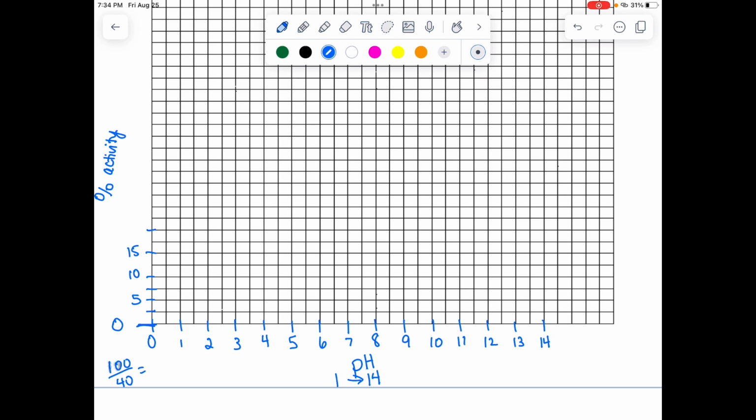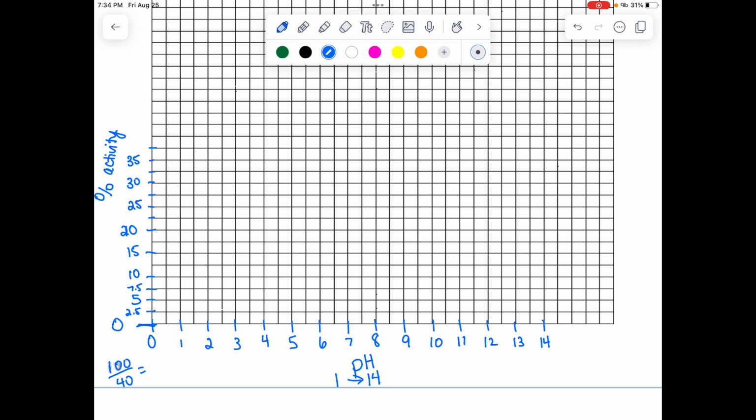So every 2 spaces, I'm going up 5, 10, 15, nothing, and then 25, mark a space, and then 30. Mark a space, and then 35. You don't have to label every single one, because otherwise then we'd be going 2.5 and 7.5.